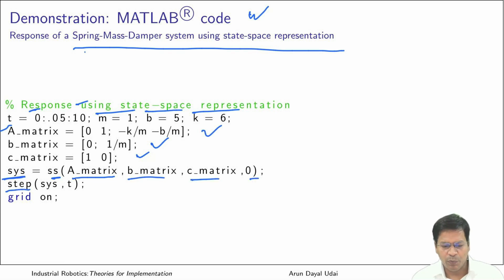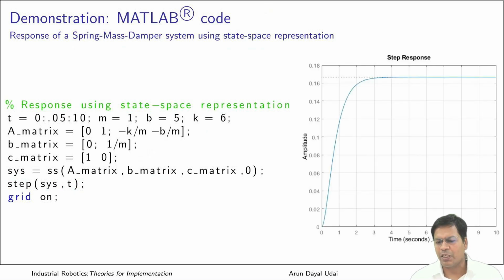Step input to this system with time t variation 0 to 10 at a step of 0.05 seconds. So it is plotted. It gives me a similar behavior the way it should be, right? The way we have seen earlier in our previous analysis. So this is how state space can now be used to see the behavior of your system.